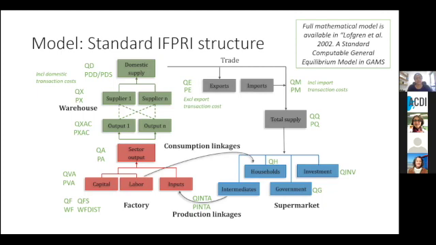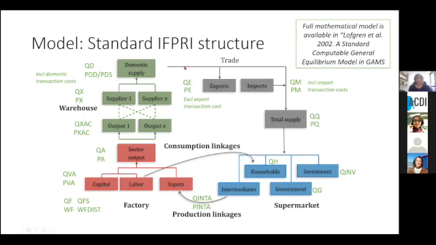So at the factory level, which is this block over here, we have the prices of production, which include the prices for factors of production, and these can be different for different sectors as well, and also the price of intermediate goods and services. At the warehouse level, activity prices for the same commodities are combined, and with transaction costs for getting goods from the factory to the warehouse, that gives us the domestic supply and domestic demand prices.